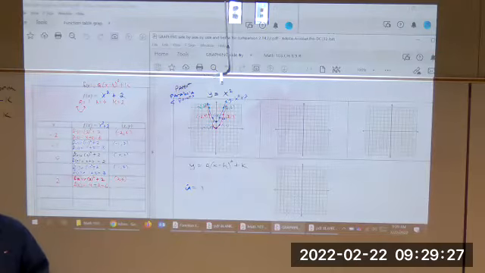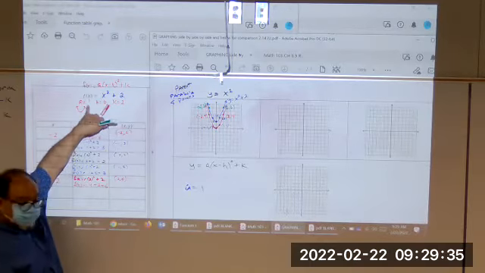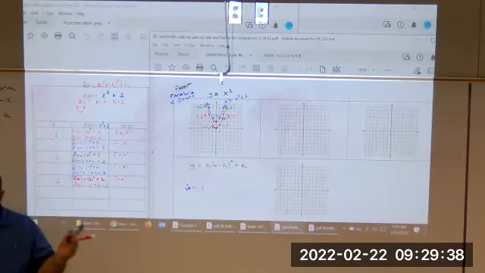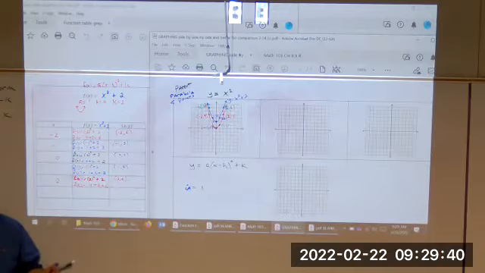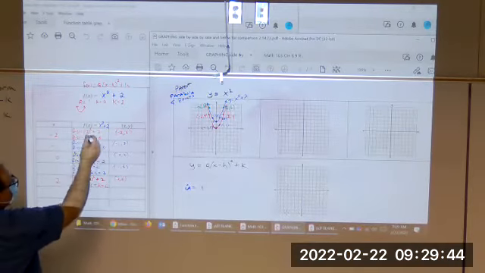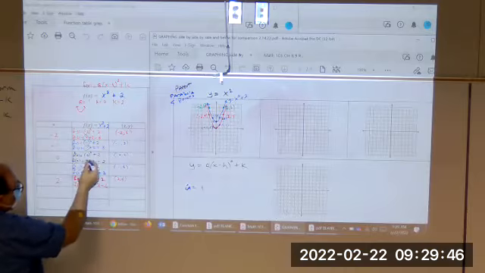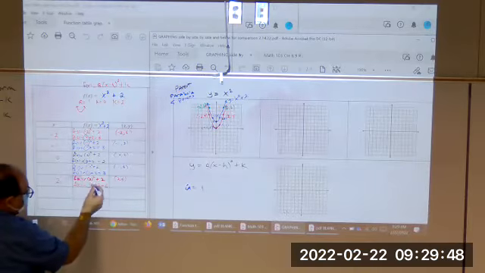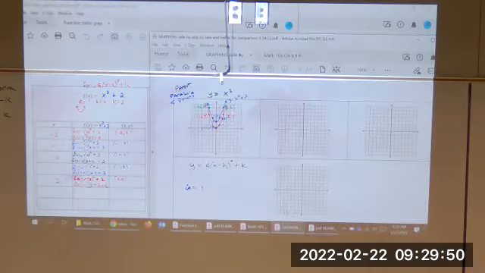The only thing that can change the width is A. A is still one. The width is normal width. What has happened to all the y values? The old y values, 4, 1, 0, 1, and 4. What happened to those y values after you did the square?